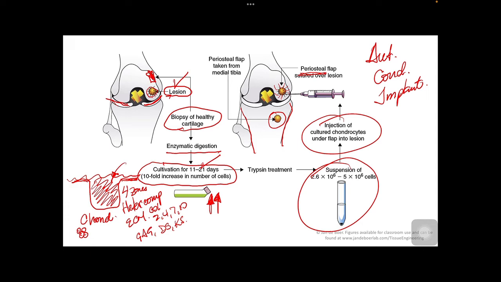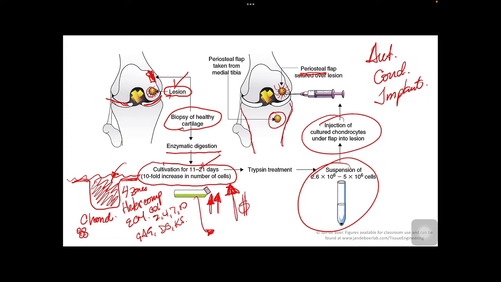However, this has had good clinical results, but it's quite complex because you need a facility. The facilities for cell expansion are quite expensive. Not many hospitals have this kind of facilities.